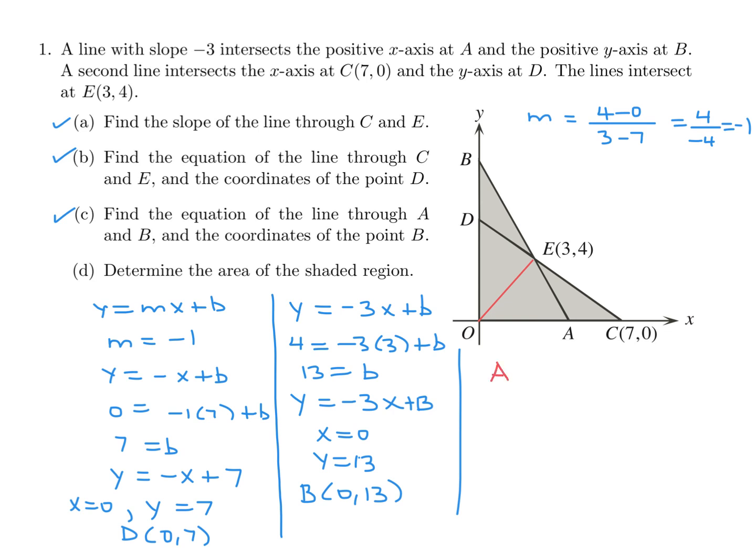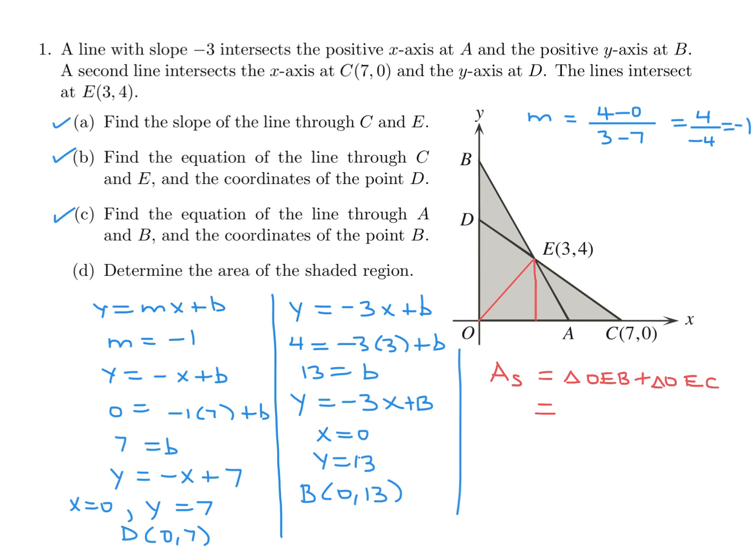So the area of the shaded region will be the area of this triangle, OEB, plus the area of that triangle, OEC. And each of those, we can use base times height.